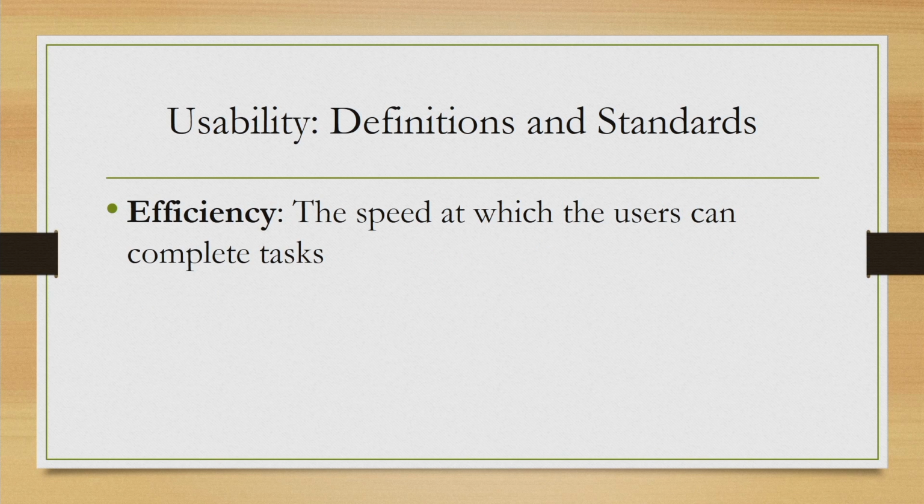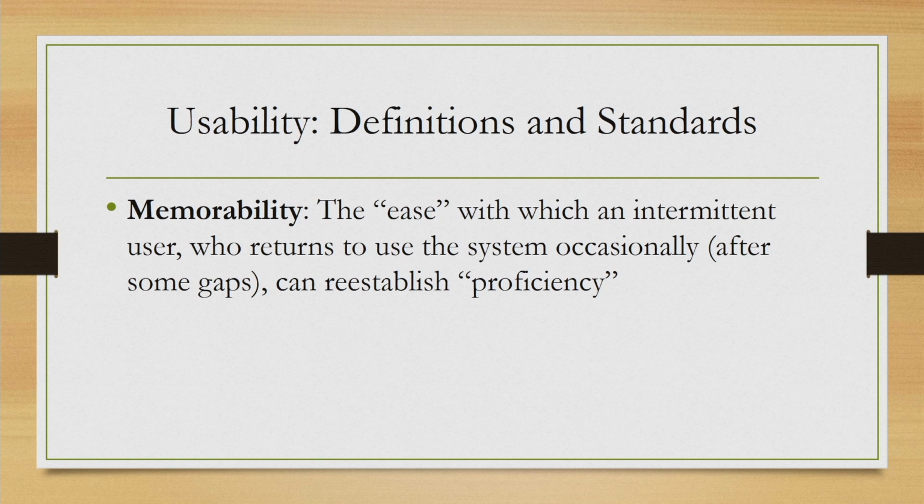Next is the quality attribute efficiency, which is the speed at which the users can perform or complete the tasks. Then comes memorability. It measures the ease with which an intermittent user, among the three groups of users, who returns to use the system occasionally after some gaps can re-establish proficiency.